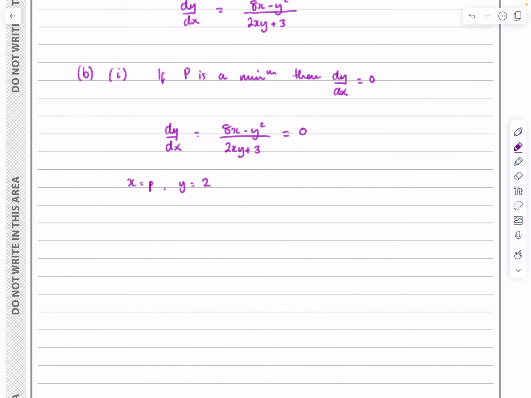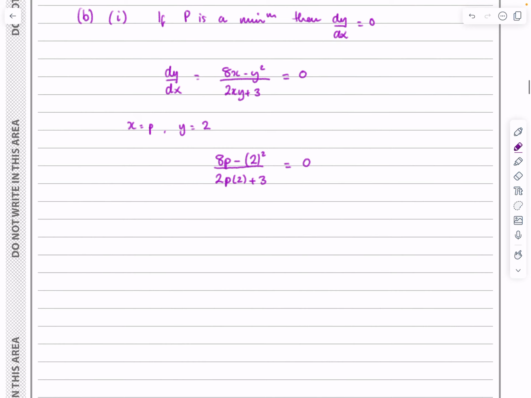So if I put that in, I'm going to get 8p minus 2 squared over 2p times 2 plus 3, and that works out to be equal to 0.